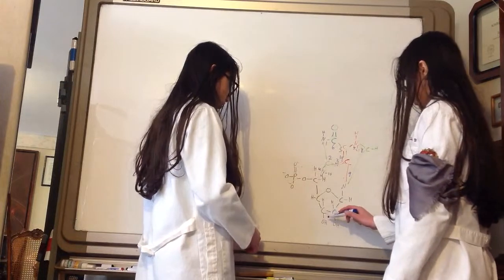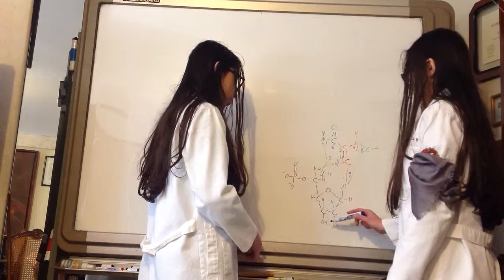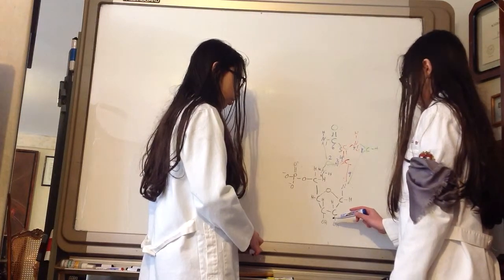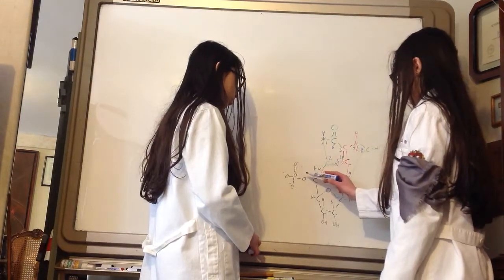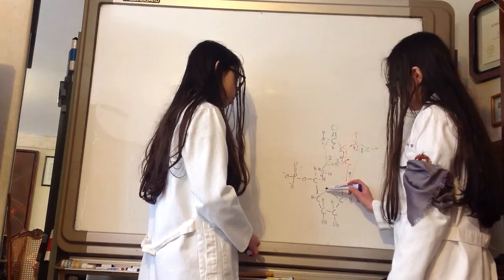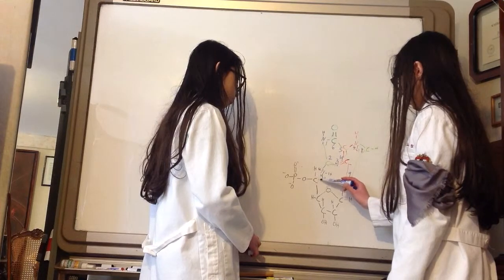In the third, here joins the phosphate of another nucleotide in DNA or RNA synthesis, and the 5 because it has this phosphate, and the 4 because it's attached to the fifth carbon.